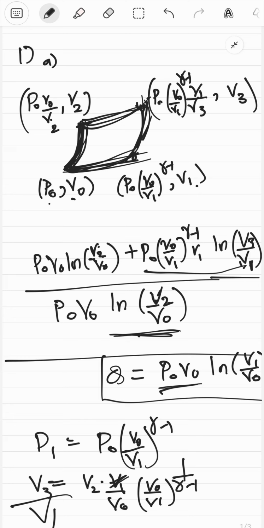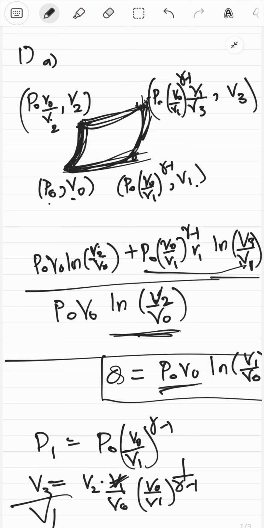I just really don't know. So you have V3 as, yeah, using this equation, but it doesn't give me anything, does it?